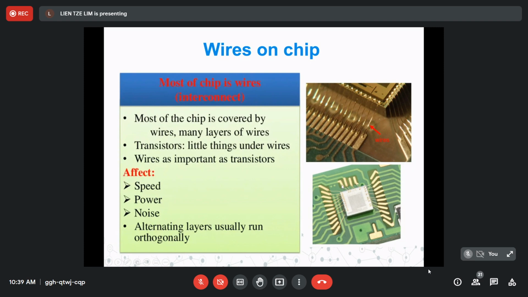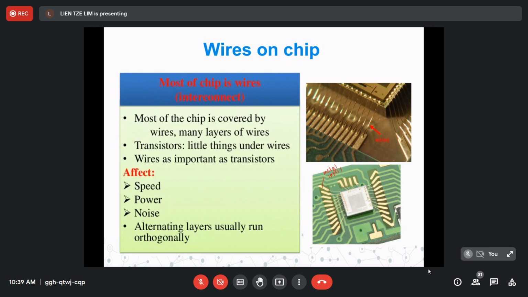Most of the chip is covered by wires, and there are many layers of wires. As shown here, this is wire, and this is wire as well. This is the metal layer as the interconnect, with all the connections here for signal routing.